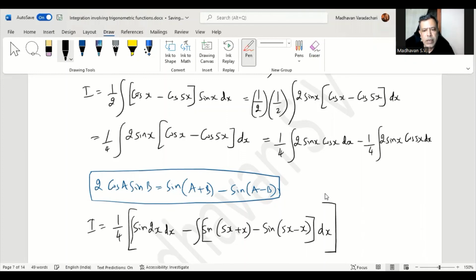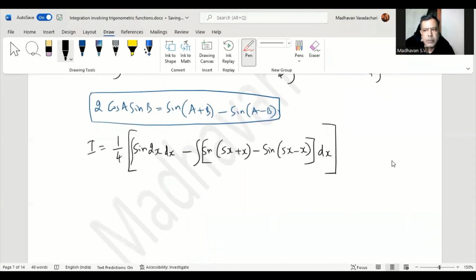Now close this. So this becomes 1 by 4 times the integral of sin 2x dx minus the integral of sin 6x dx, minus or minus, it becomes plus sin 4x dx.